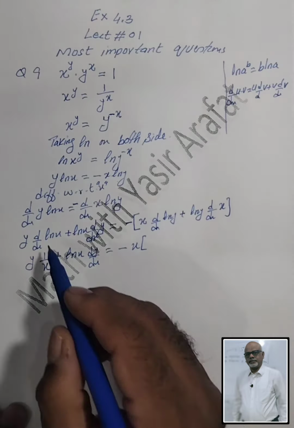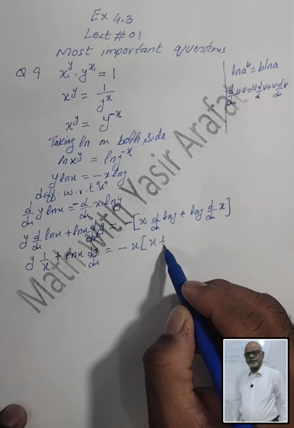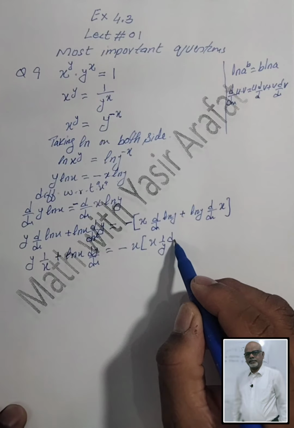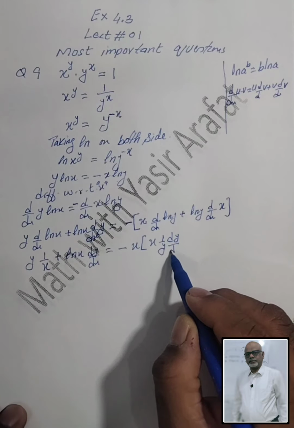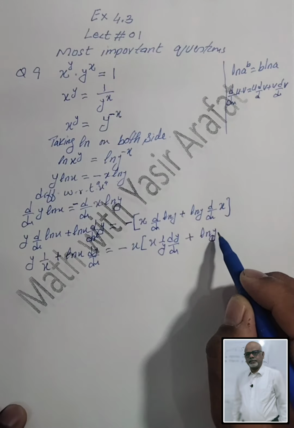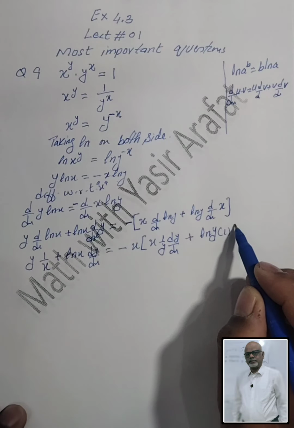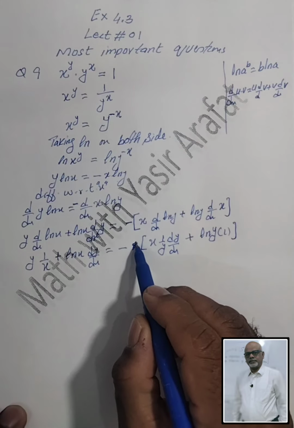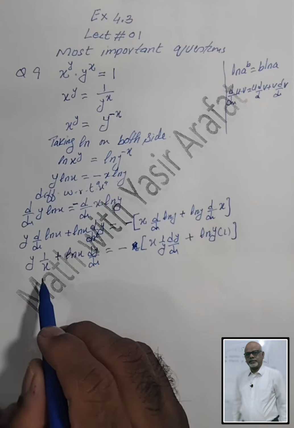So here x again ln y. The derivative of ln y is 1 over y, and the derivative of y will be dy upon dx. Similarly, ln y remains same. The derivative of x will be equals to 1. So this is the minus, we have to multiply this sign.